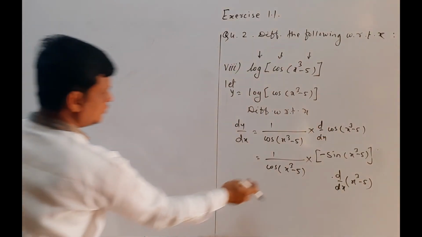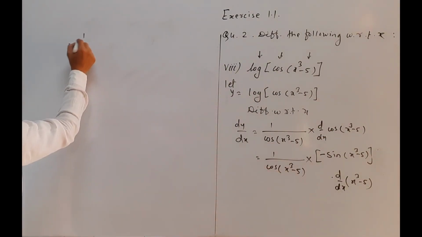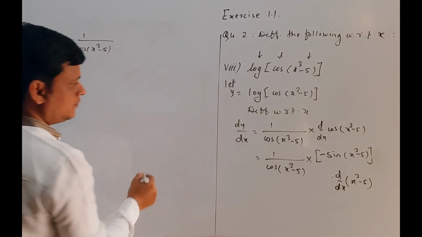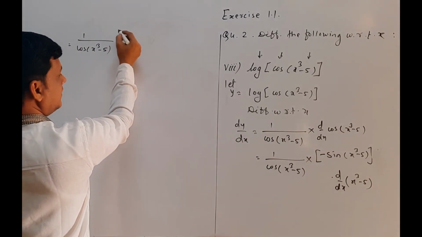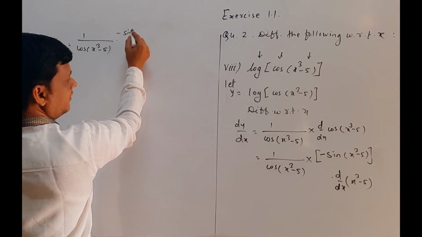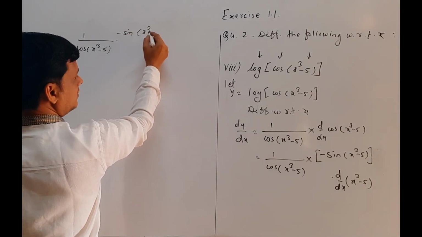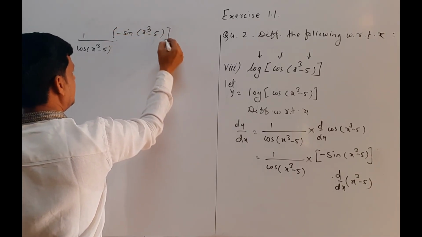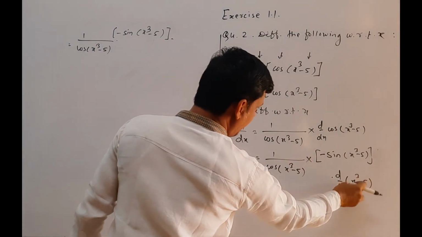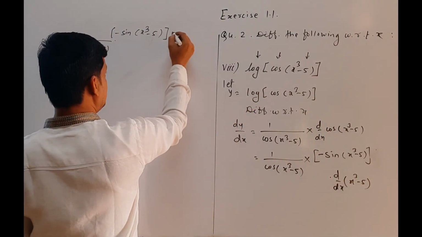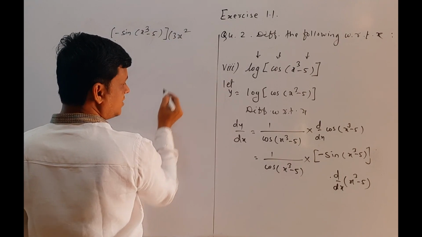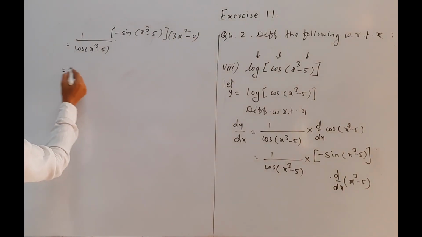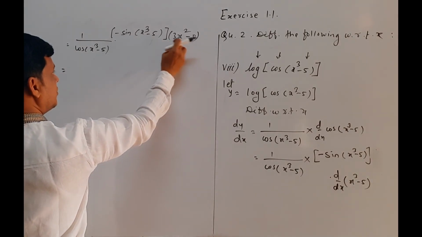which is equal to, so we write this term as it is, 1 upon cos of x cube minus 5 into minus sin of x cube minus 5 into, so derivative of x cube is 3x square. So we write in multiplication 3x square. Derivative of 5 is 0. So we write this 3x square minus 0 as 3x square.